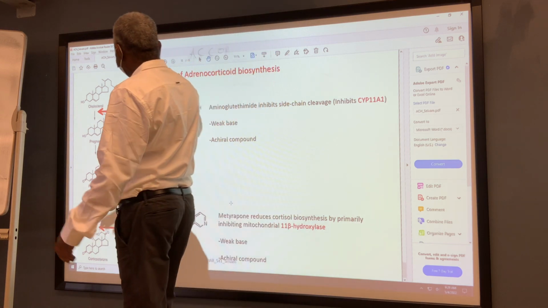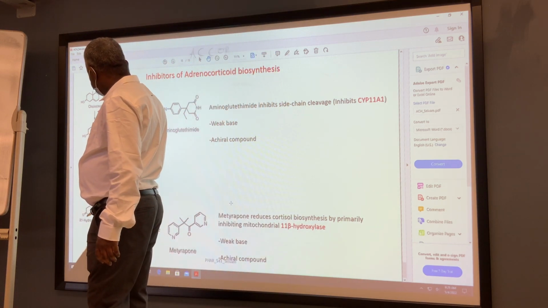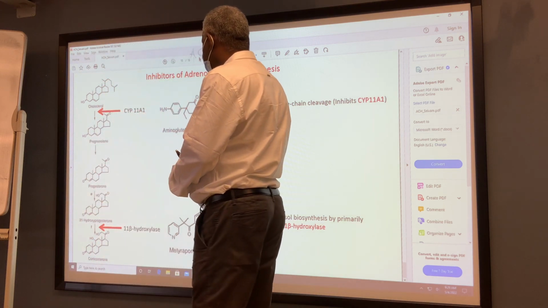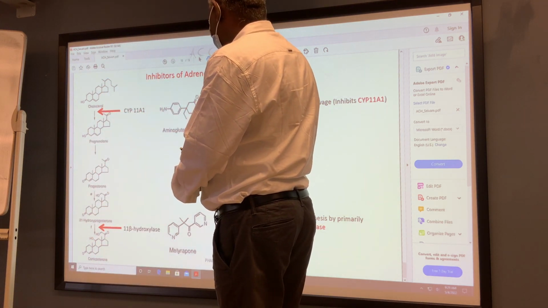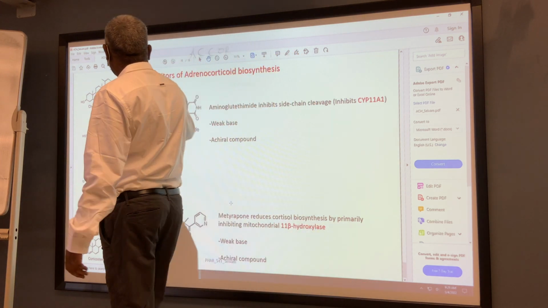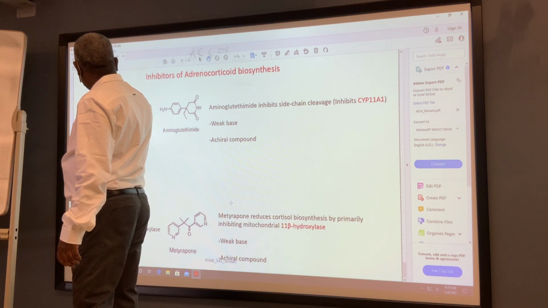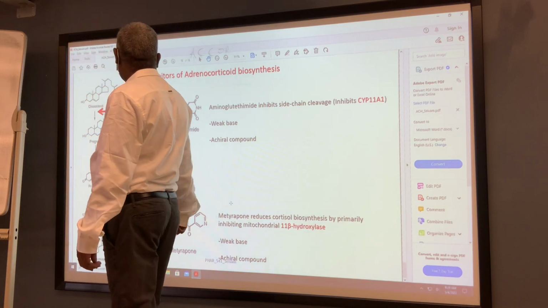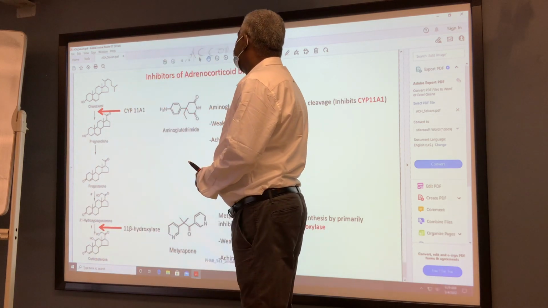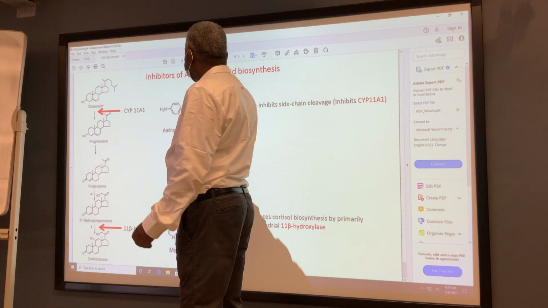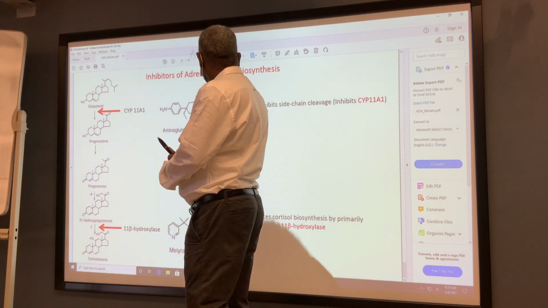So cholesterol is converted to pregnenolone, then 21 hydroxyprogesterone, and then corticosterone. The conversion of cholesterol to pregnenolone is by an enzyme called cytochrome 11A1.